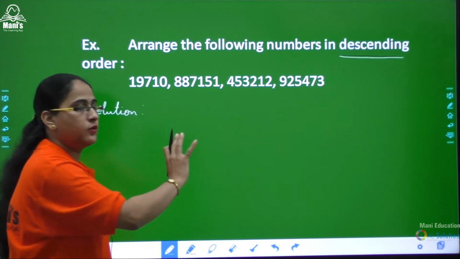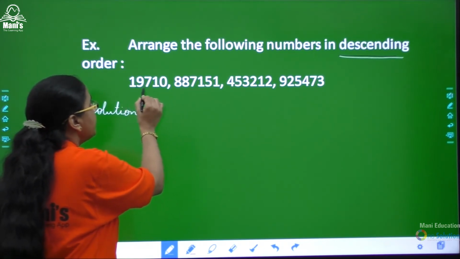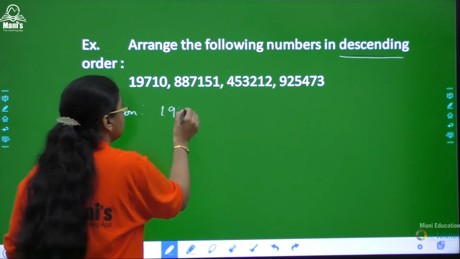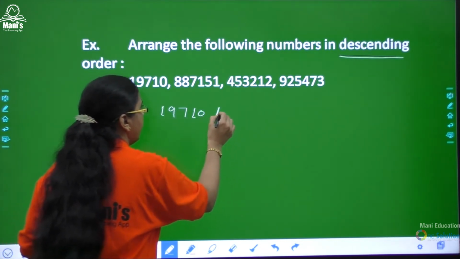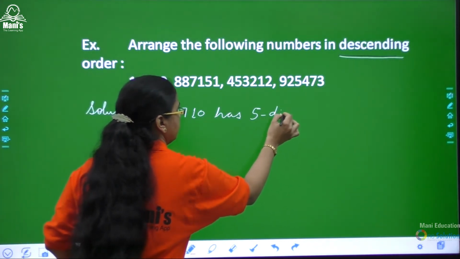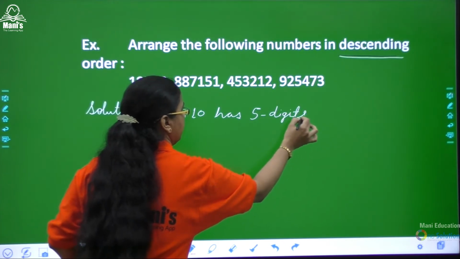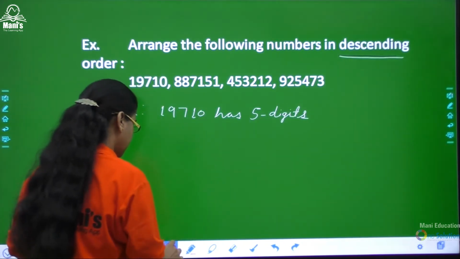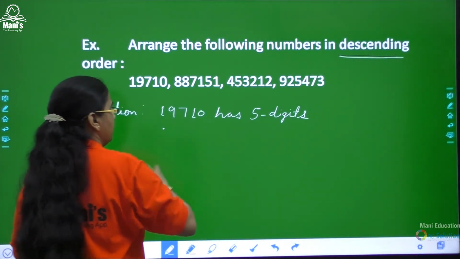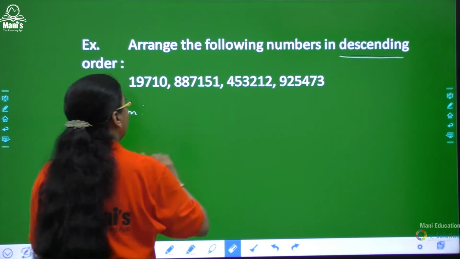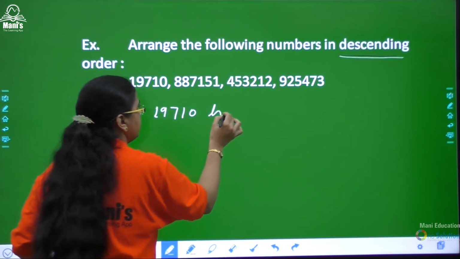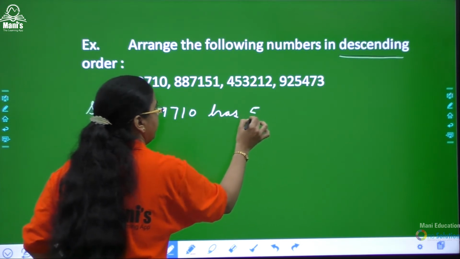I am explaining it here for the explanation part only. 19710 has 5 digits.